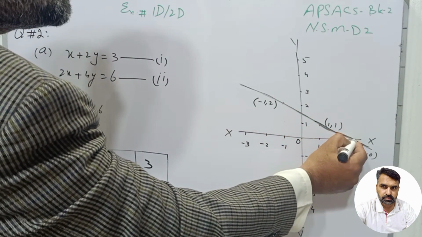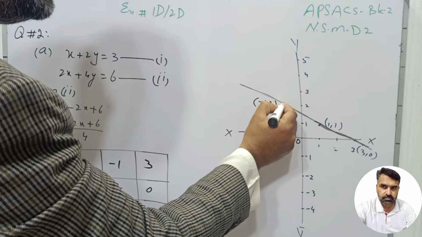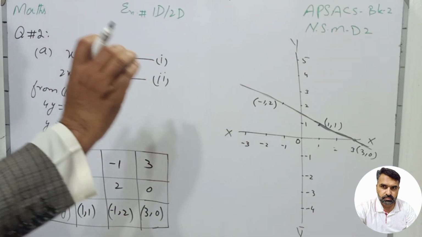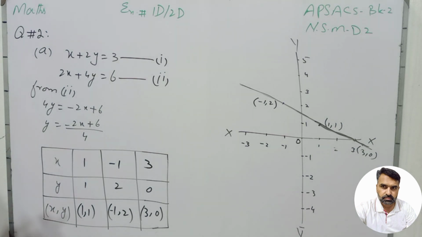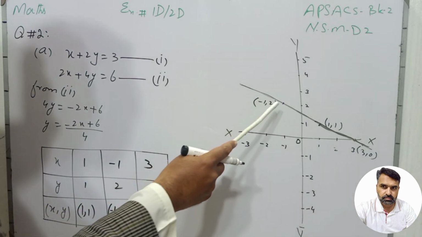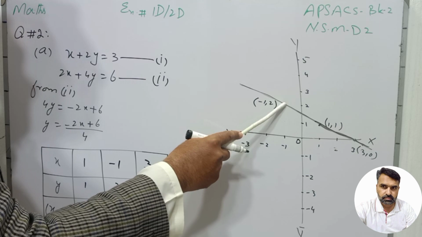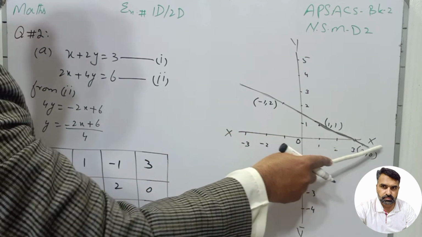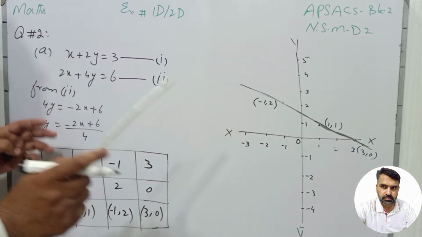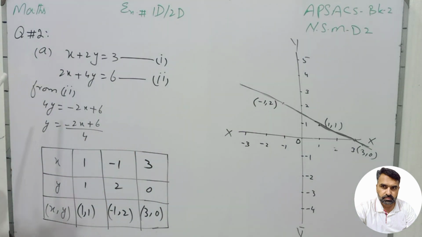So students, both the lines are on the same line. So students, there will be a number of solutions. So we can suppose that this is the point where both lines are intersecting, or this is the point, or this is the point. So students, when both lines are on the same line, then the solution set will be a number of solution sets.